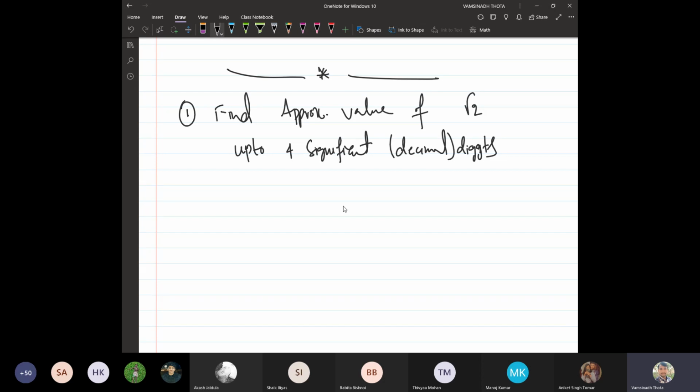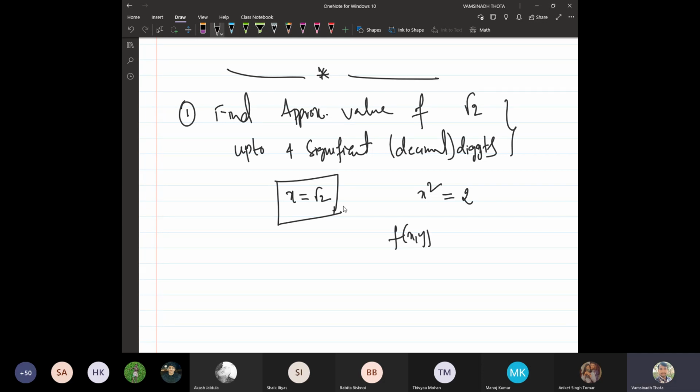But what you need to do is find the approximate value of root 2 with some iterative techniques. Suppose you assume that x is equal to root 2; you want to find an approximate solution for this expression. That is nothing but x square is equal to 2.